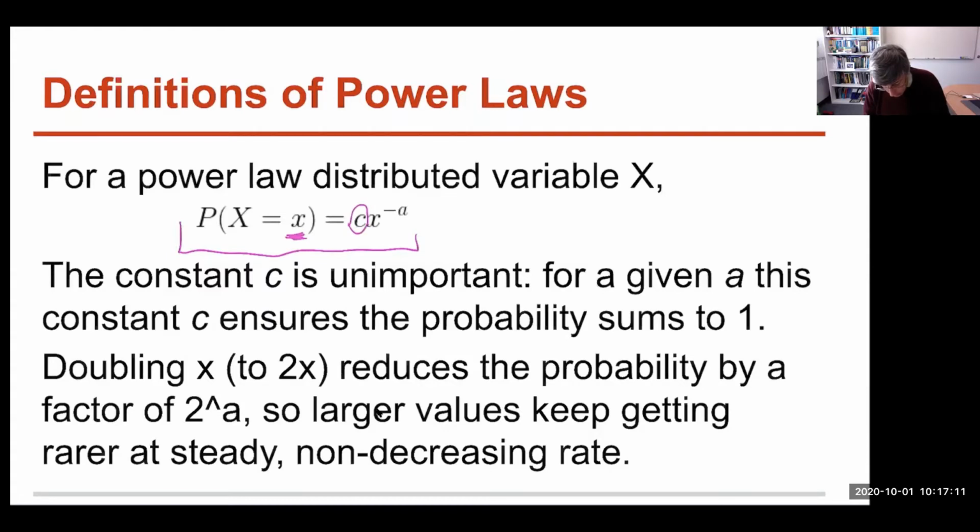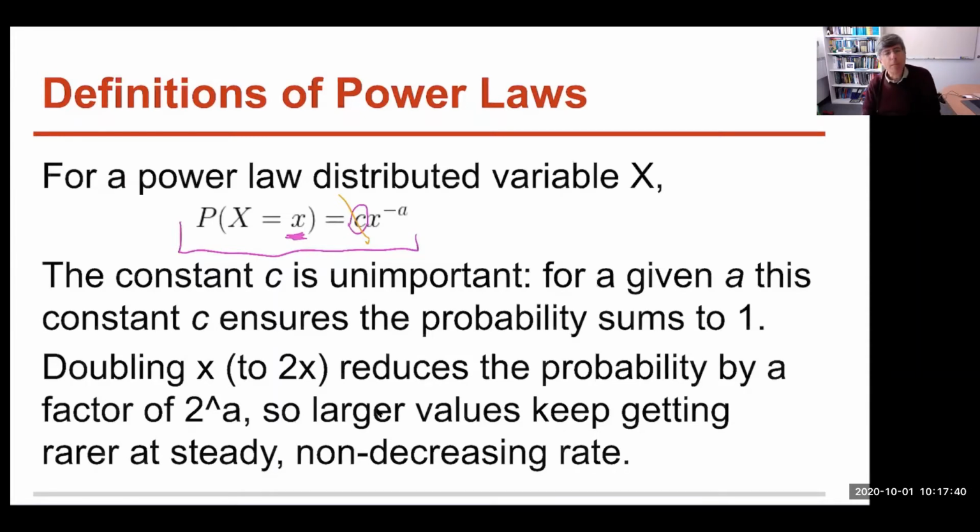The only reason we worry about c is that for a probability distribution to be a probability distribution, when you integrate it as x goes from 0 to infinity, the sum of the probabilities should be 1. That constant only exists so that the total probability is 1.